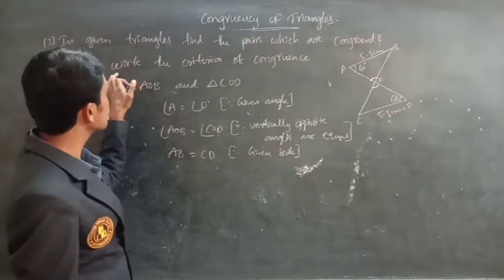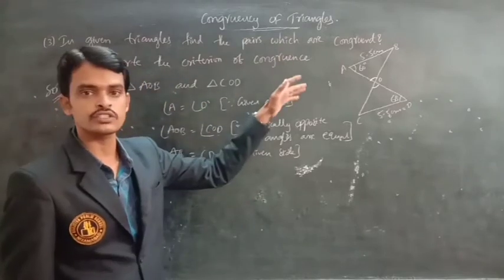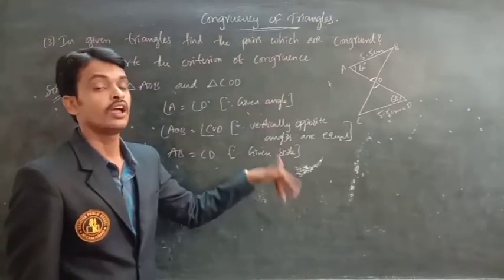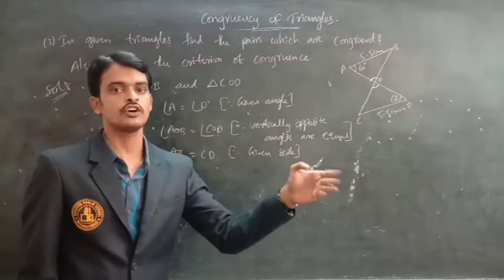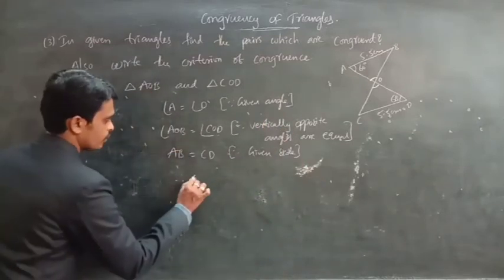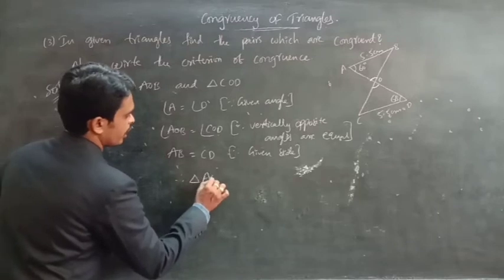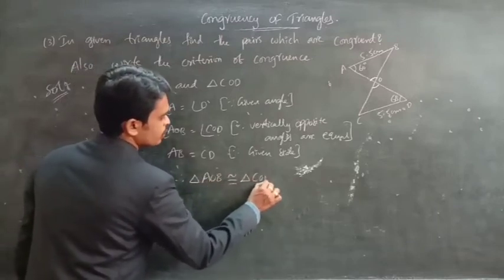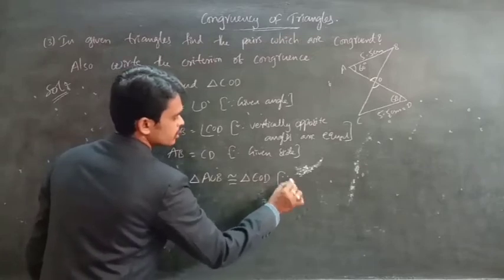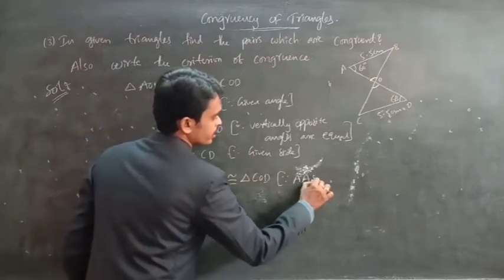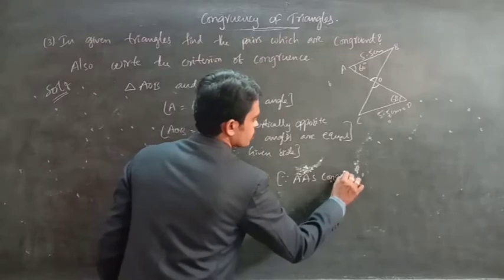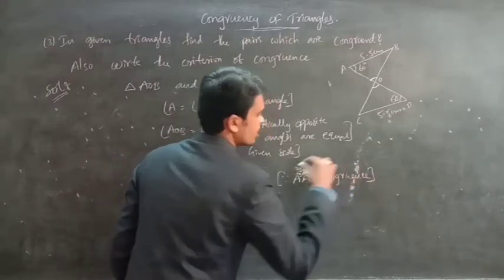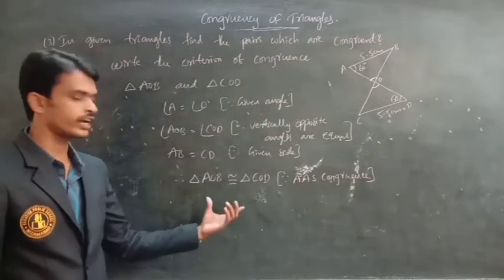They are also asking to write the criterion of congruence. So which criterion of congruence? Angle angle side congruence. Therefore triangle AOB is congruent to triangle COD, since angle angle side congruence.